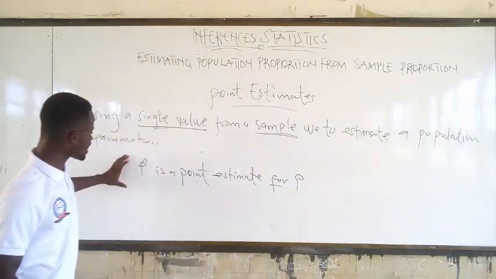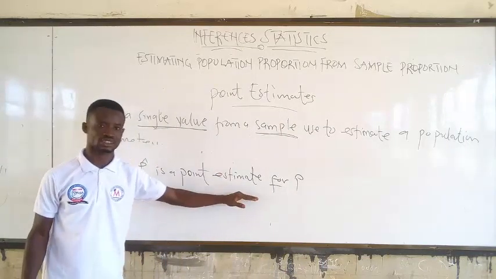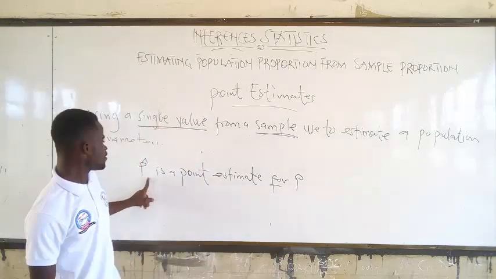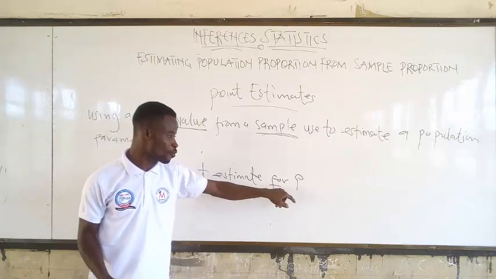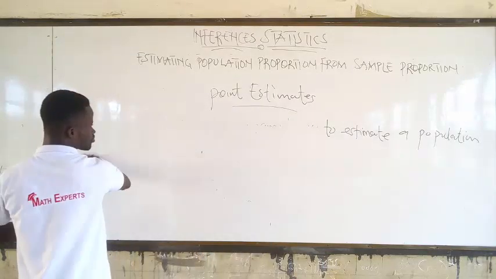Alright. So P hat is a point estimate for P.